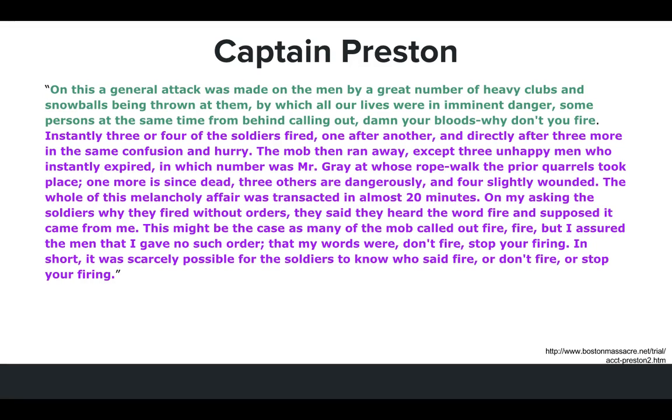However, he's justifying why the soldiers fired their guns on the mob in the first place, and pretty much justifying it to alleviate any guilt on behalf of the British Empire, and saying, look, this was just a freak accident. It shouldn't have occurred.